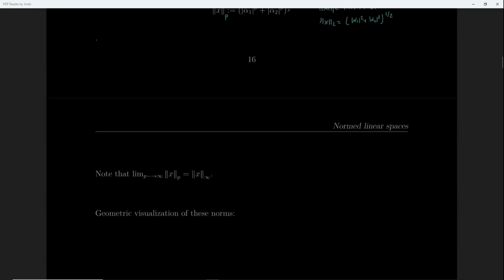We can see why this is the case, maybe by working on an example. Let's say x is equal to 2 and 10. The first entry is equal to 2 and the second entry is equal to 10.